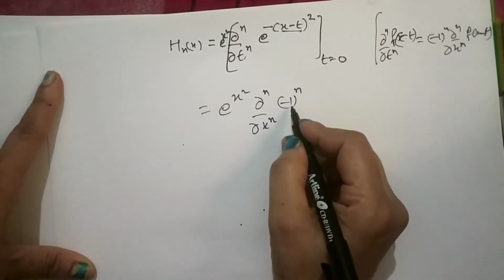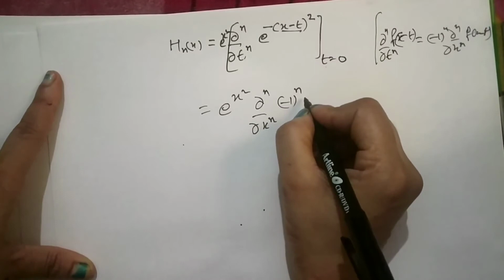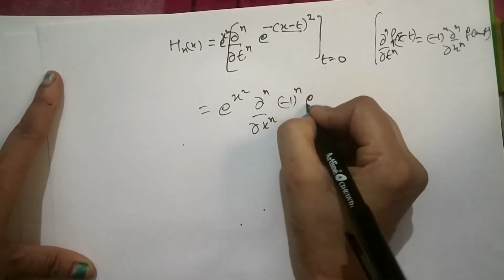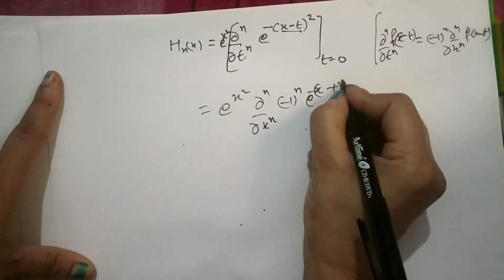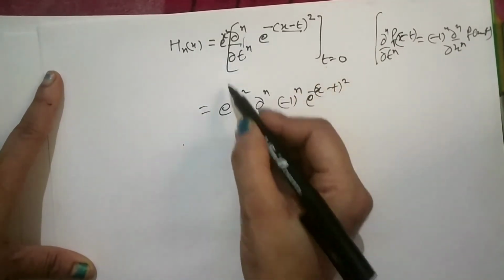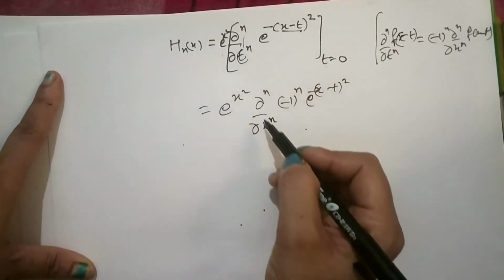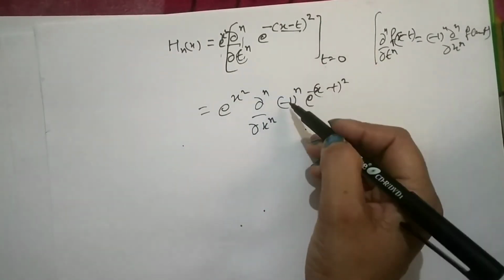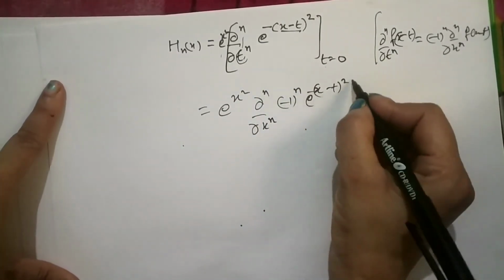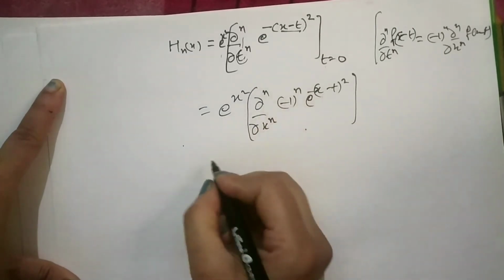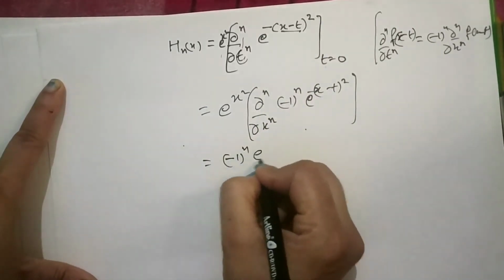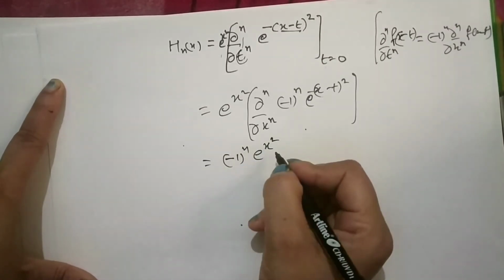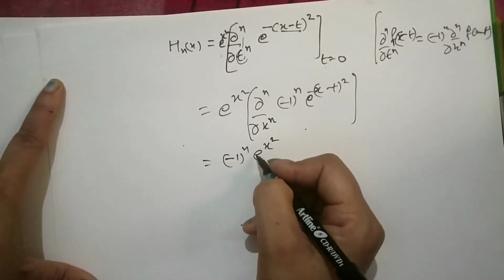So I put minus 1 raised to power n, and the derivative has changed into the derivative of x. So all the terms are the same, just you change t into x, and minus 1 raised to power n we obtained as extra. So we get minus 1 raised to power n e raised to power x square, because minus 1 is again a constant.